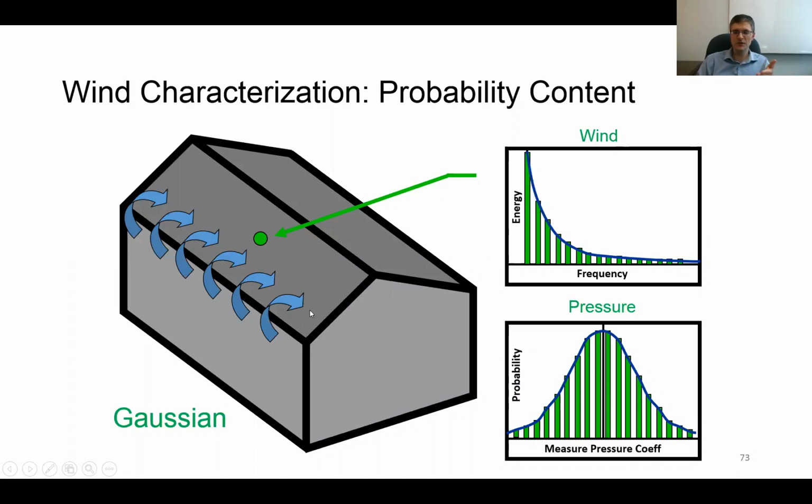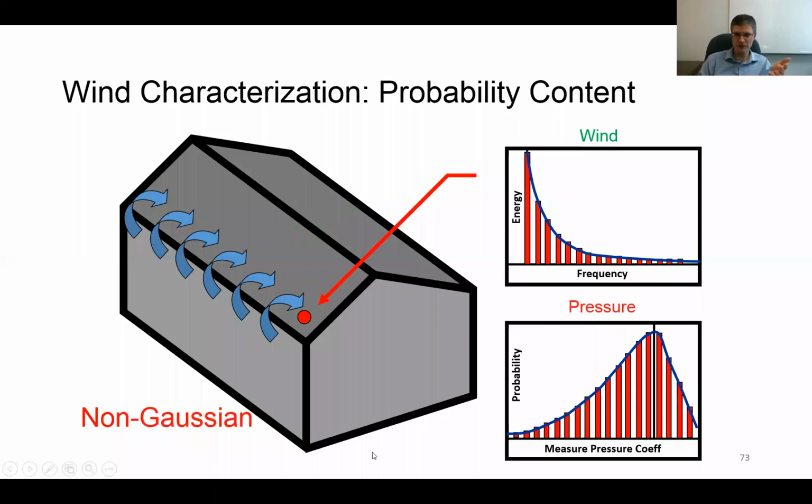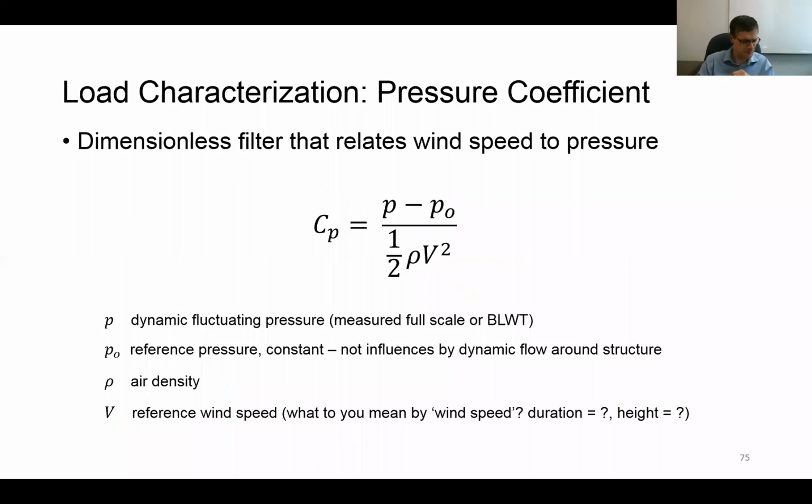If I just move to a different part of the same structure under the same winds, we get something that looks very different. Again, the same wind, same spectrum, but now the pressure that's acting at that location on the same structure looks very different. So the extreme uplift that is experienced in this portion of the roof is going to be different from the uplift in the other portion of the roof. So capturing the probabilistic content is, of course, an important part of characterizing wind structure interaction.